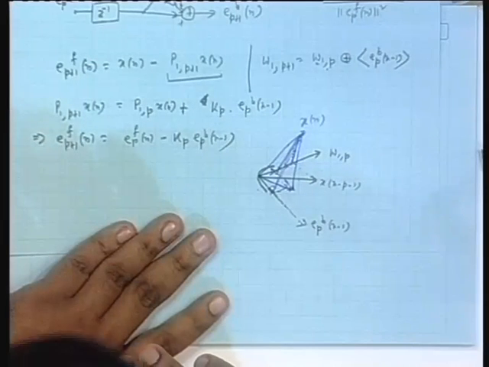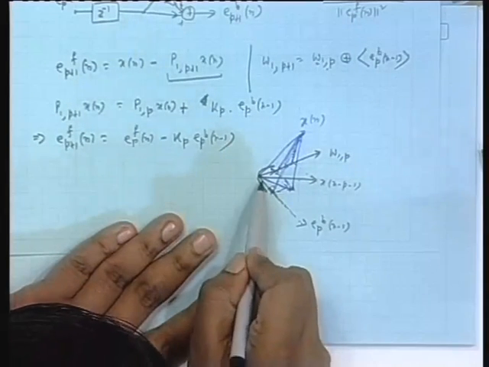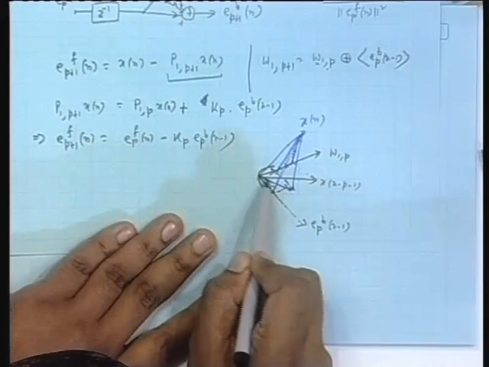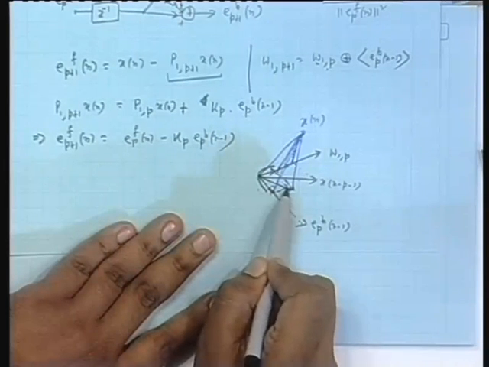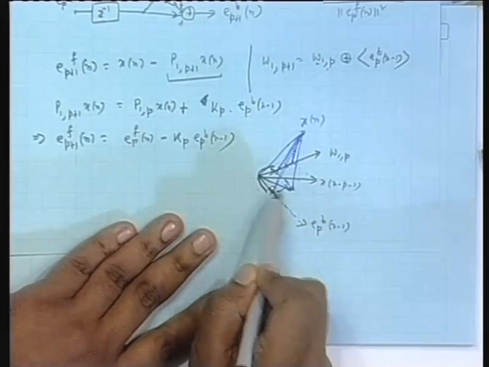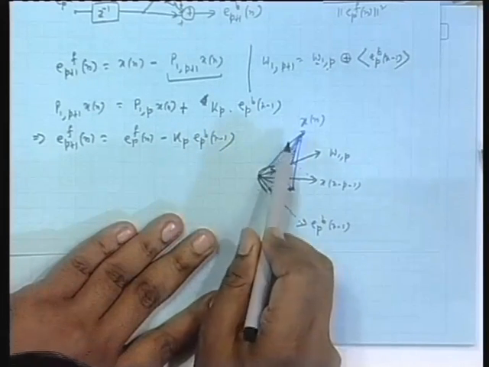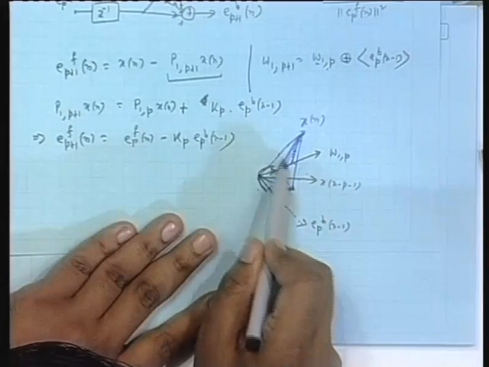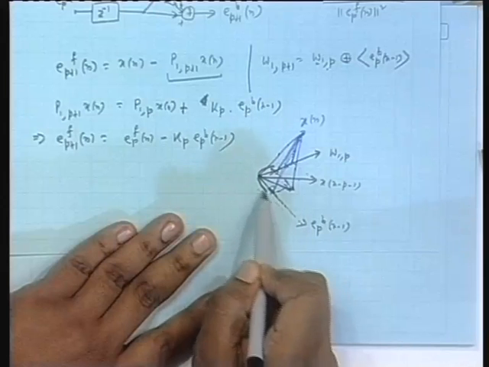Are you getting me? Incidentally, this component is also the orthogonal projection of this fellow, this final projection. If you project it on this guy, you will get the same this much component, because after all this component is what? Total x n minus this error. So, this means x n minus error, inner product with this will be what?